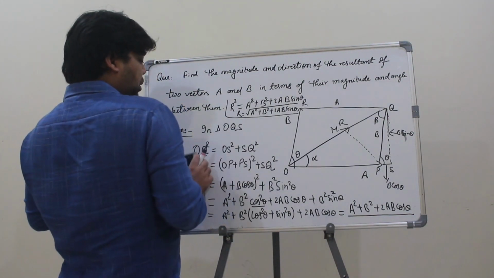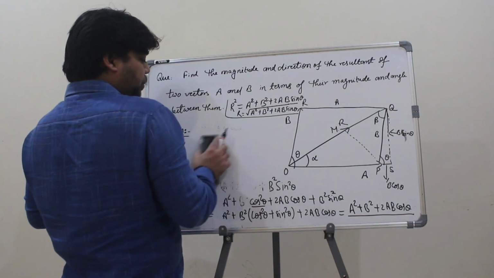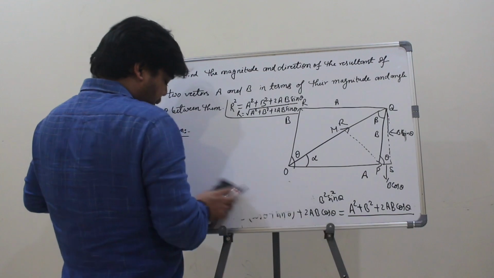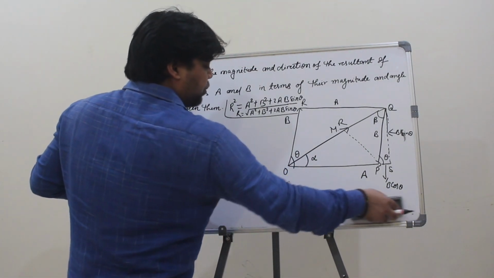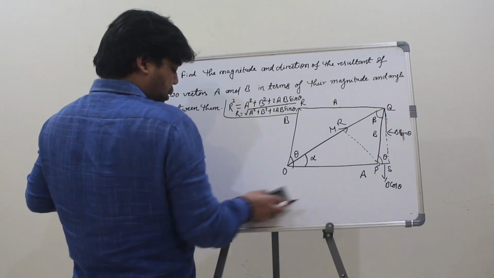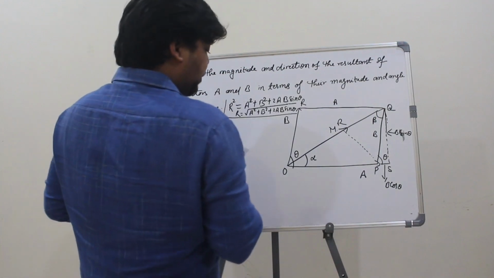To do that, we will further try to find the relation between other triangles and their sides.